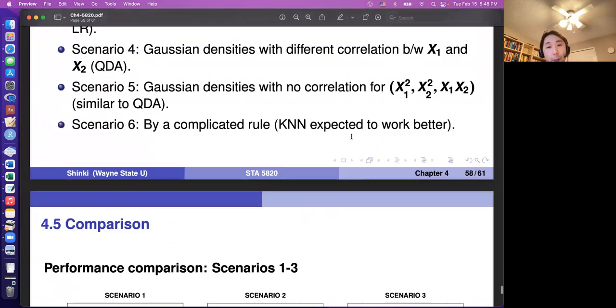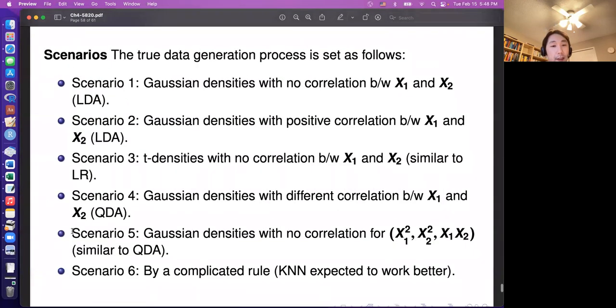Also, I want to mention that, for example, in this scenario, Gaussian density with no correlation, for x1 square, x2 square, x1 x2, probably we have a better way to deal with this situation. If we put these three terms in logistic regression or LDA, then we can separate this very well, because that is exactly the assumption. And that assumption is often true.